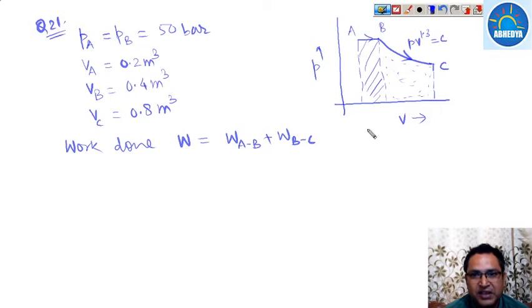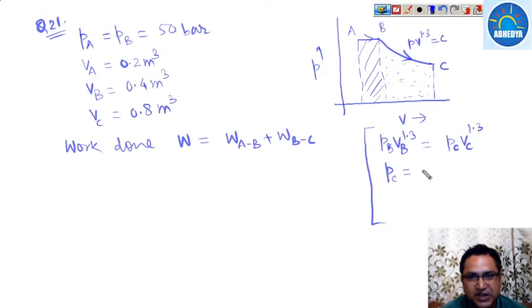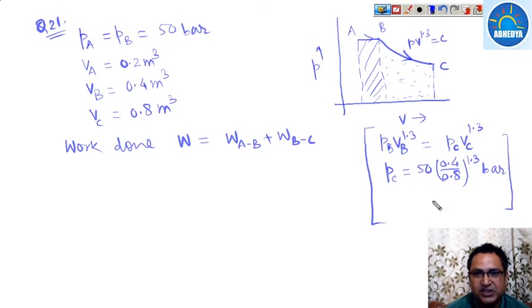Before doing this, we will first calculate the pressure at point C. So PB VB raised to the power 1.3 is equal to PC VC raised to the power 1.3. The pressure at B is 50 bar, into VB upon VC, that is 0.4 upon 0.8, raised to the power 1.3. So this much bar is the pressure at point C.